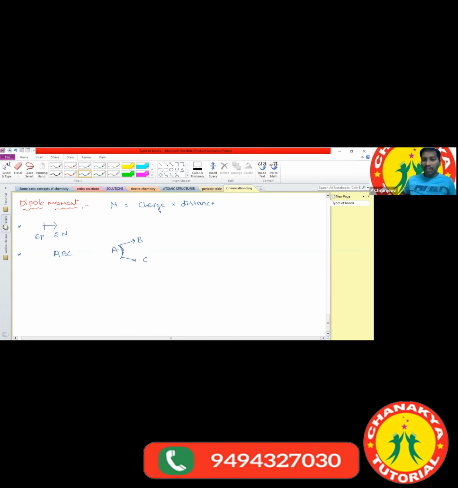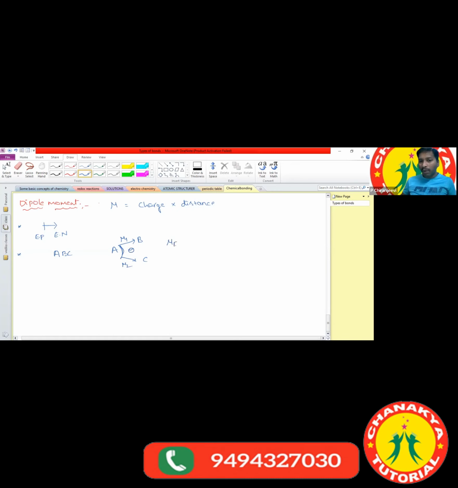One bond dipole moment we call mu1, and the other, for the second pair of atoms, we call mu2. The bond angle we consider as theta.